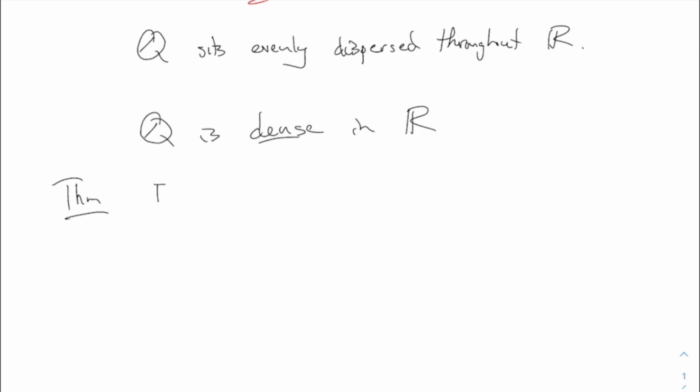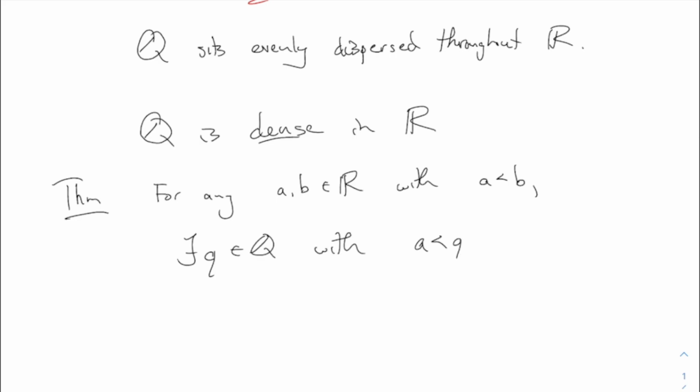What that means technically is for any two real numbers A, B in R, with let's say A less than B, there is a rational number in between. There exists, I'll call it q, in Q, with A less than q less than B. For any two real numbers, there is always a rational number in between them.